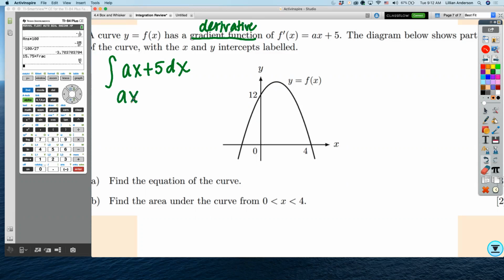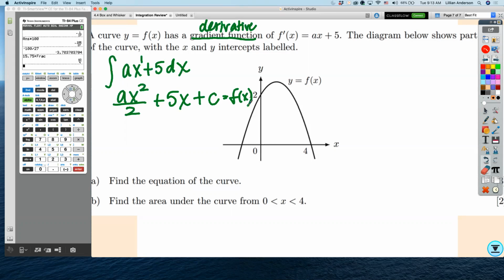It's going to be ax squared over 2, because your exponent here is a 1. So you add 1 to your exponent and then divide by your new exponent. A is just a constant. What's the antiderivative of 5? 5x. So plus 5x. Here I'm going to have the plus c because I'm looking for the actual equation. I'm not going to evaluate it because that's part B, which is asking me to find the area underneath the curve. So that's for later. So this is my function.